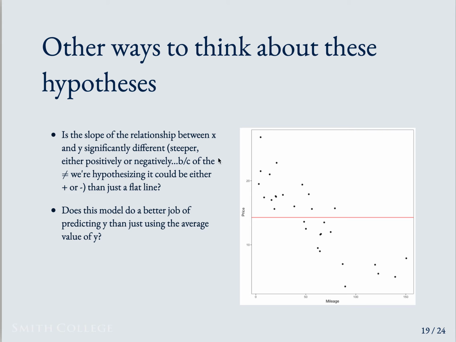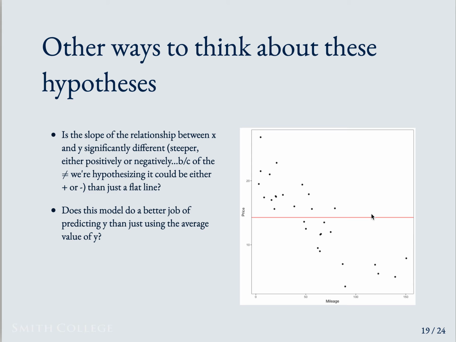You could also think about, is the relationship between x and y significantly different, probably steeper, than just this flat line, right? So those are two different ways of thinking about a question that has more of an association in mind. Is the relationship steeper visually than just a horizontal line?